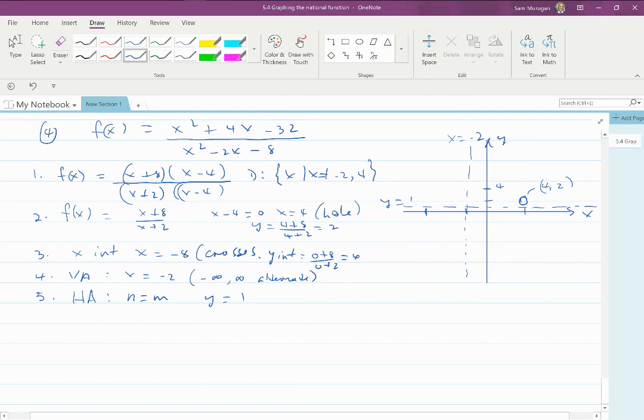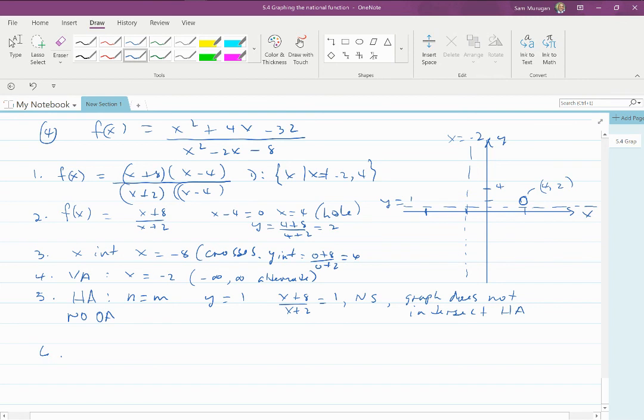We have to determine if the graph crosses, so we would set x plus 8 over x plus 2 equal to 1. This has no solution. So the graph does not intersect the horizontal asymptote. By the way, we know there's a horizontal asymptote. There's no oblique asymptote.